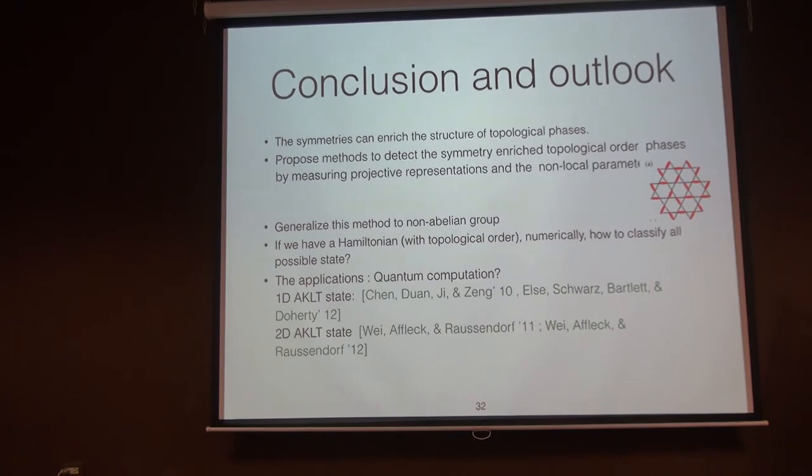And maybe this SET phase also can be used for quantum computation, because the one-dimensional AKLT and the two-dimensional AKLT are a good tool for the quantum computer. So maybe the SET phase also is a good resource for the quantum computer.